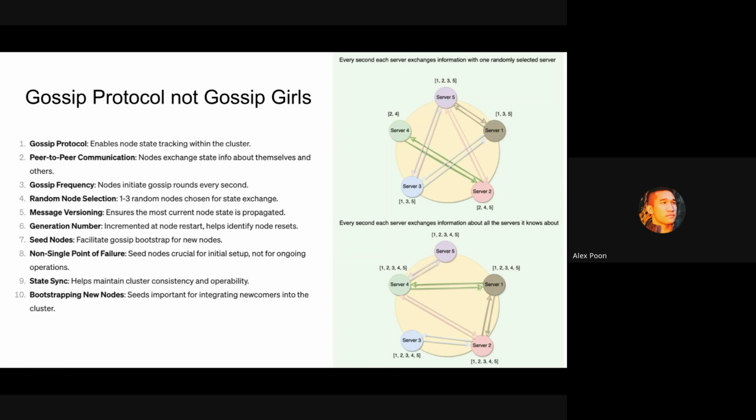The seed node designation has no purpose other than bootstrapping the gossip process for new nodes joining a cluster. Thus, seed nodes are not a single point of failure, nor do they have any other special purpose in cluster operations other than the bootstrapping of nodes.